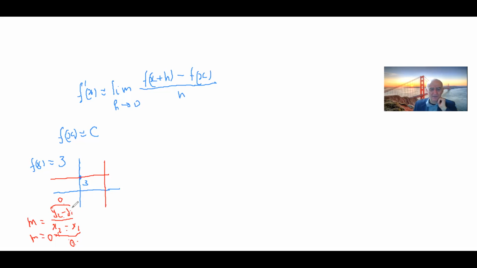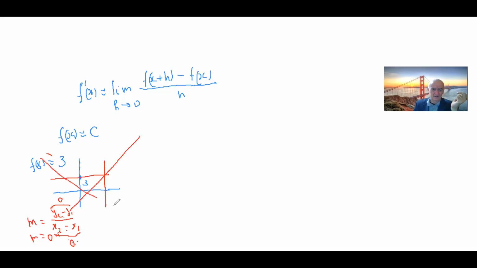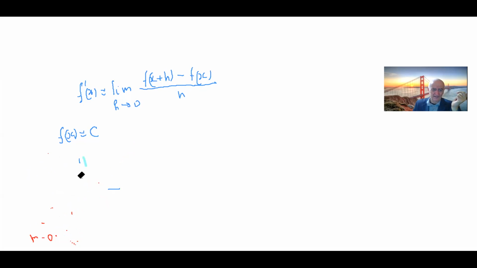When we have a positive slope, the slope is positive, and we can also sketch a line with negative slope. It's just to recall what the slope of a line is.